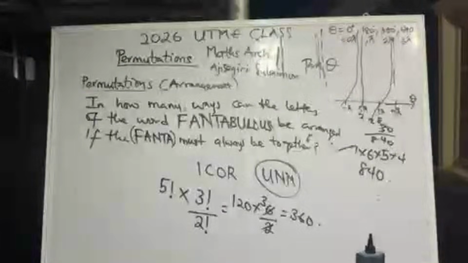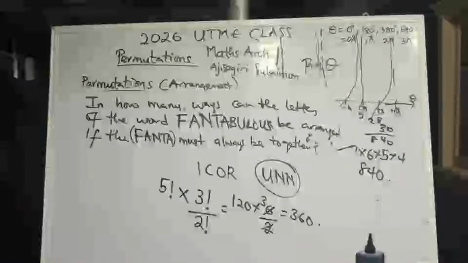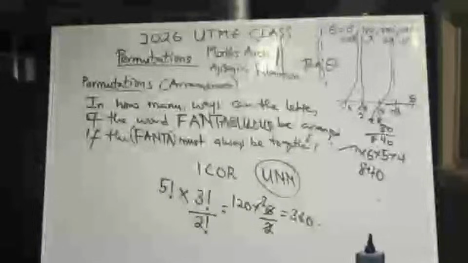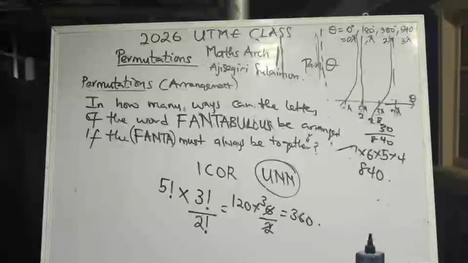So, 2 factorial over 2 factorial times 4 factorial over 2 factorial. 7 factorial is 5,040. Divided by 2 will be 2,520.